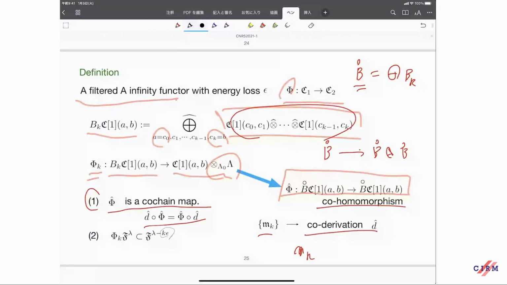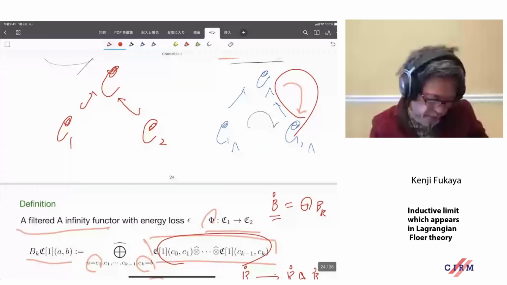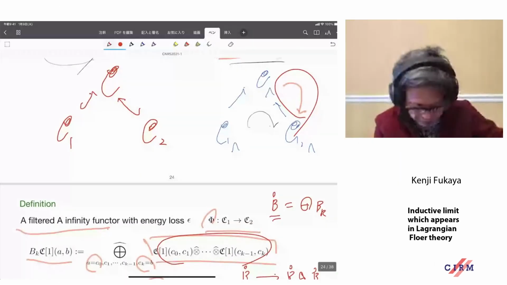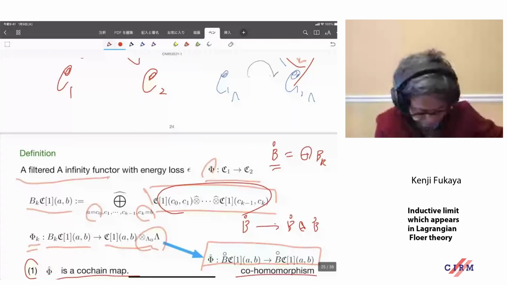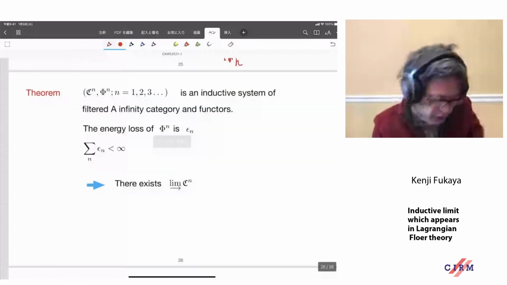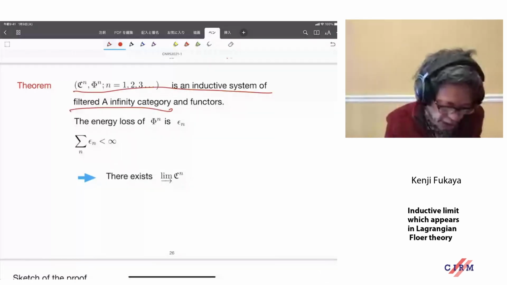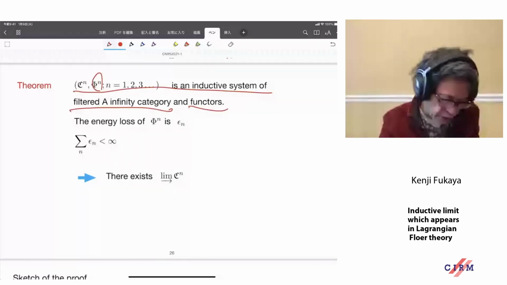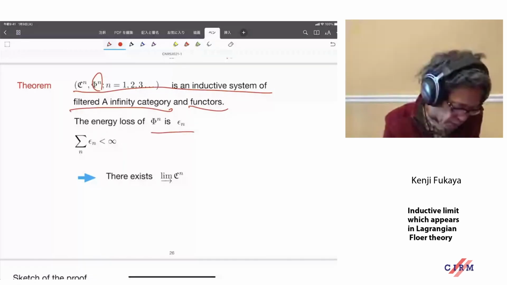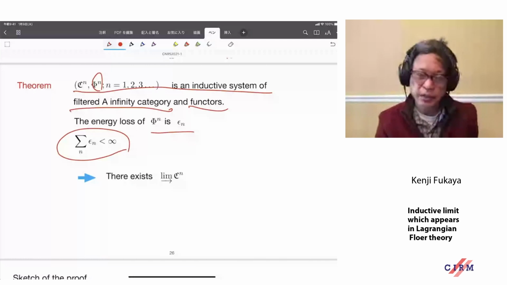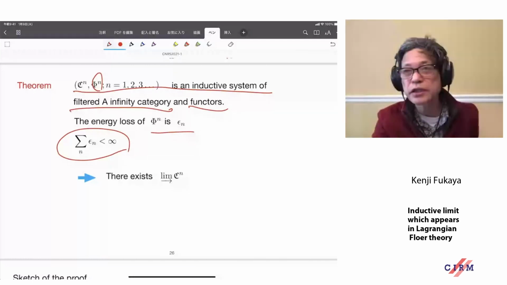And here you see the construction of the homotopy inverse. There is an explicit formula, and you can see that the energy loss is epsilon. Now we consider an inductive system of filtered infinity categories and functors. So each Vk is a filtered infinity functor with energy loss epsilon n. Suppose that the sum of the energy losses is actually finite.